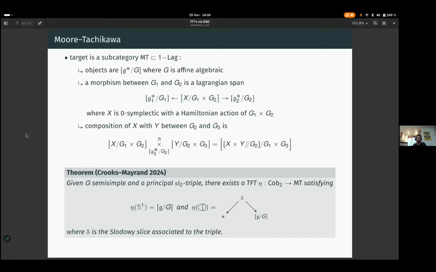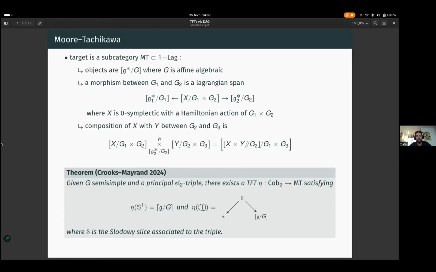So objects, I want to see them as my one-shifted symplectic quotient of the dual of the Lie algebra by G. Of course, in the text of Moore and Tachikawa, the objects are just the affine algebraic group G itself, but I want to have this point of view.